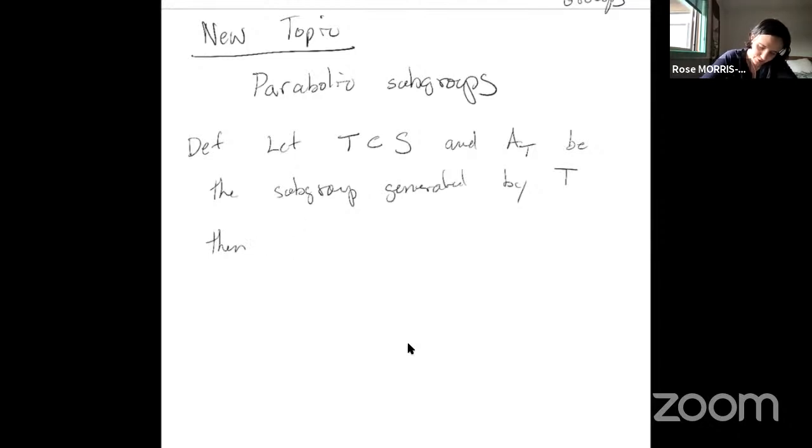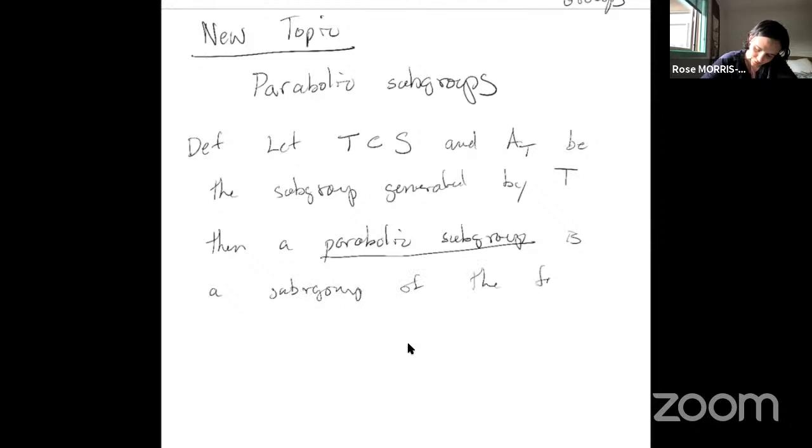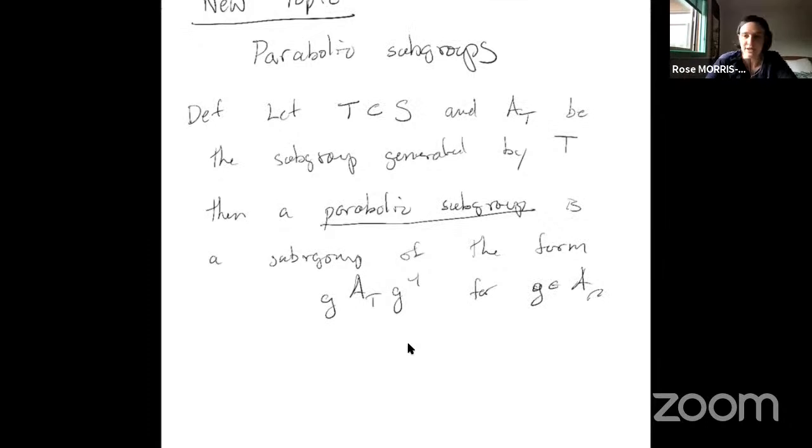So a parabolic subgroup is a subgroup of the form g A_T g inverse for some element g in my group. So it doesn't have to be in the monoid, it's just in the group. So it's a conjugate of one of these subgroups that's generated by a subset of the generators.